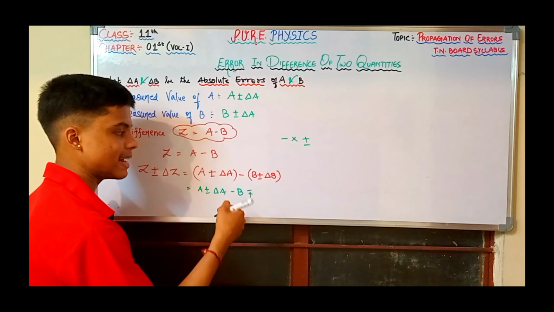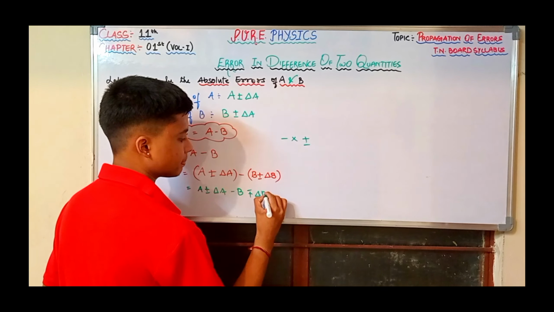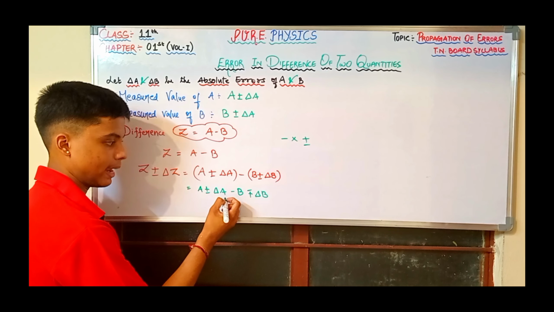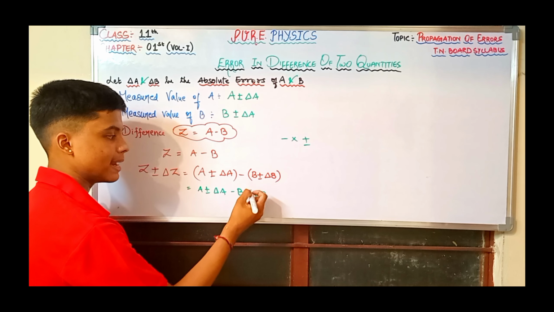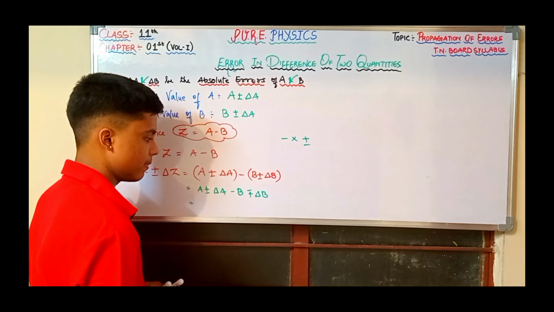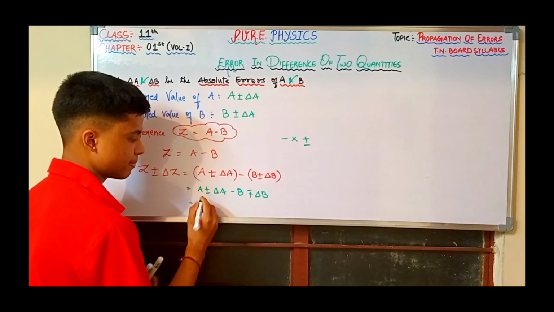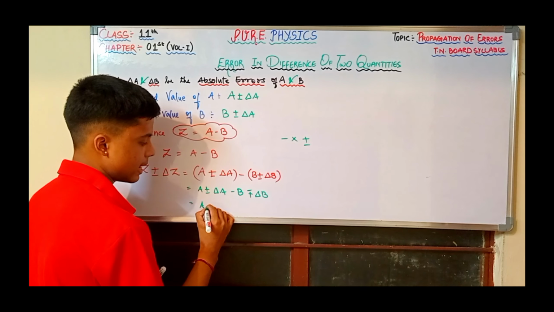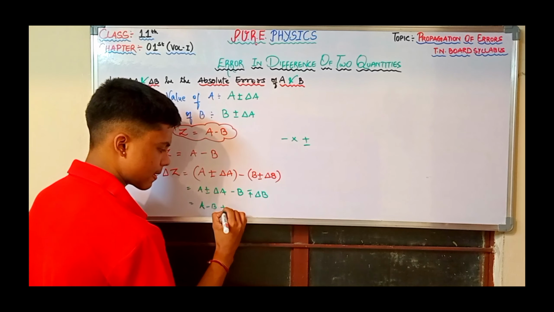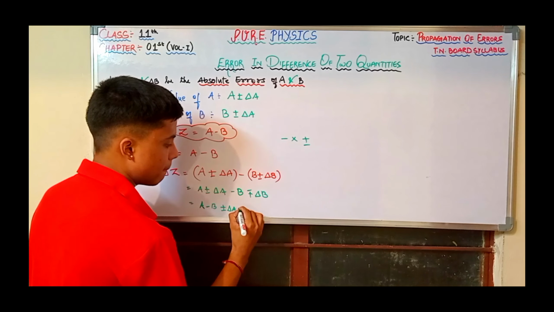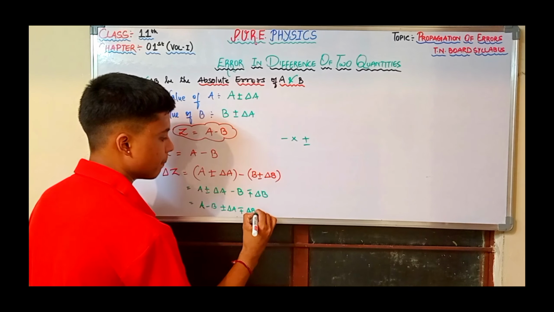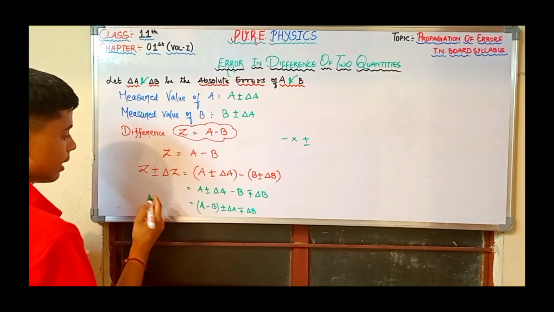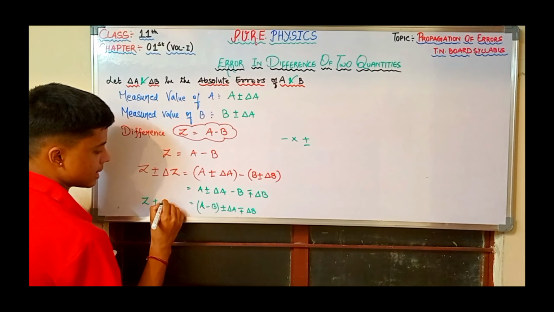So it becomes minus plus delta B. So your expression becomes A plus or minus delta A minus B minus plus delta B. If you rearrange the terms, you take A and minus B, so your expression becomes A minus B plus or minus delta A minus plus delta B. Let me take this A minus B in bracket and write Z plus or minus delta Z here.